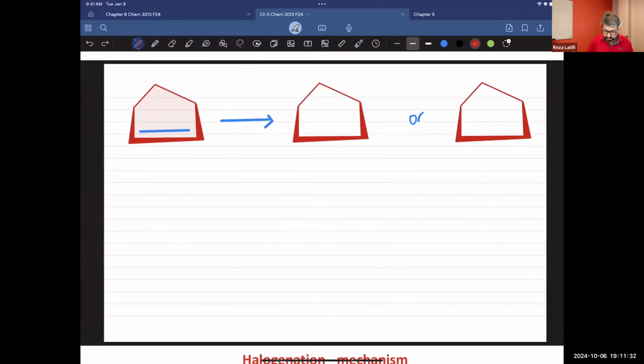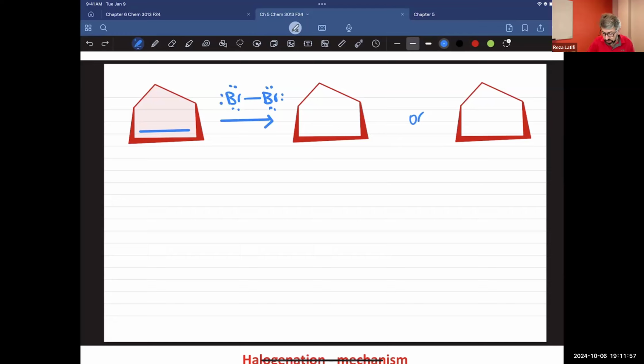A reaction is going to happen between an alkene and chlorine or bromine. Let's say we have bromine, and one bromine is attached to another bromine, and each bromine has 3 lone pairs.